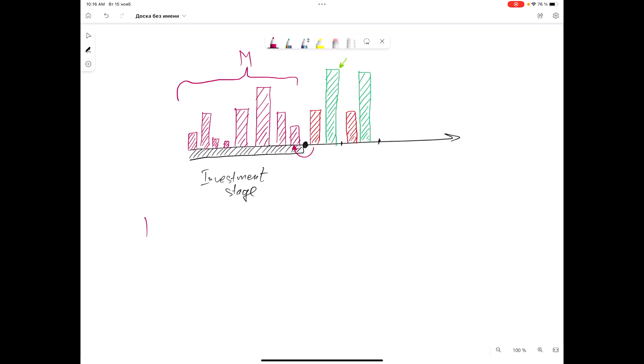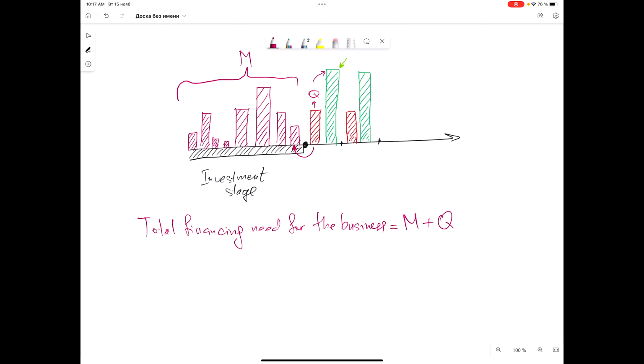So the total financing needed for the business equals M plus, let's say this value is Q, plus Q, because Q is not financed from your revenues.